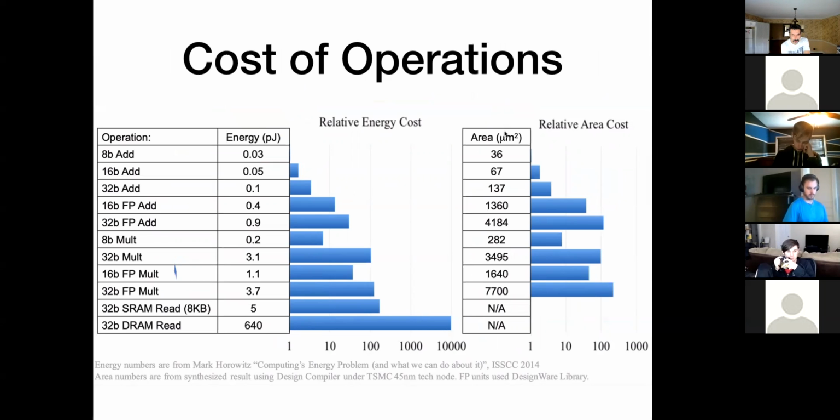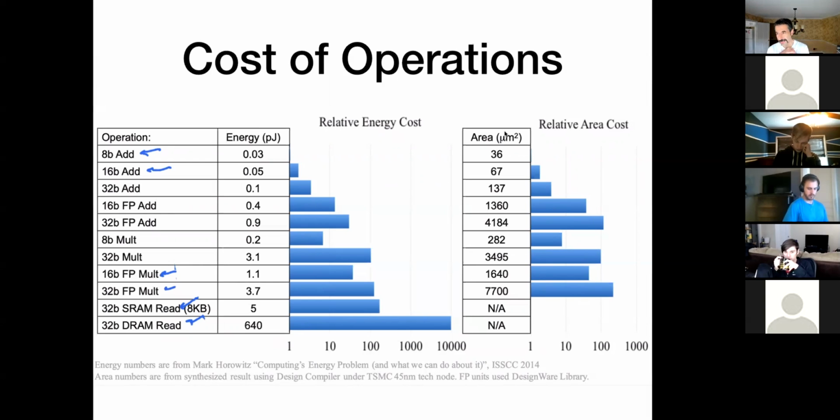Multiplication, addition, and a read from memory. So you have essentially three different operations that you can do.